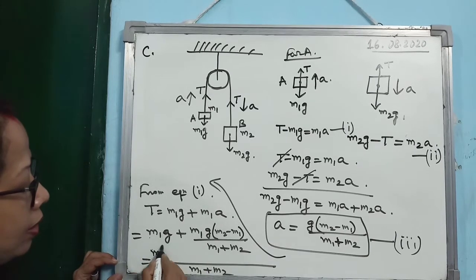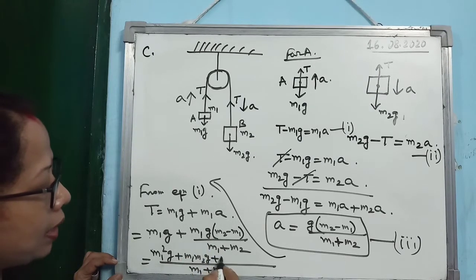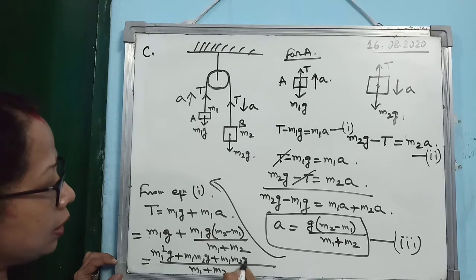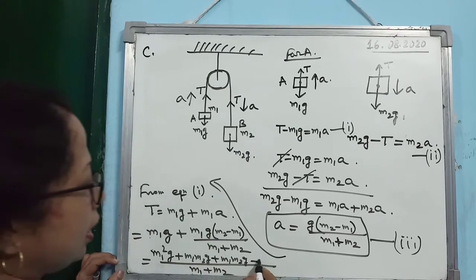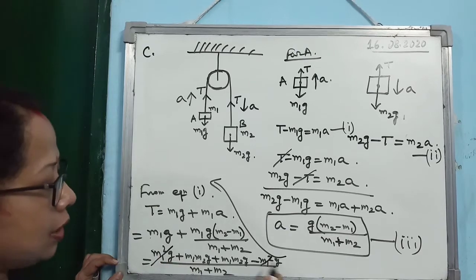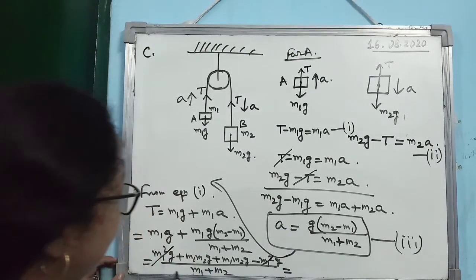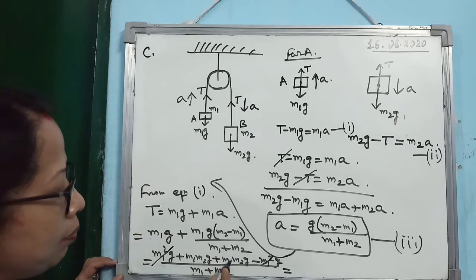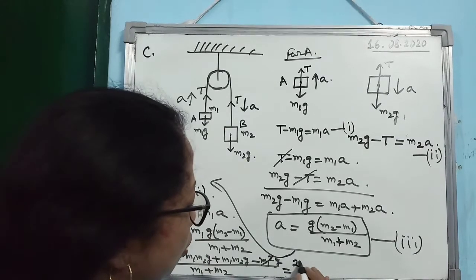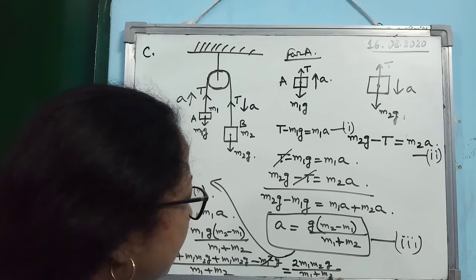M1 squared G plus M1 M2 G, and then it is coming plus M1 M2 G, then minus M1 squared G. So this M1 squared G, M1 squared G will get cancelled. So what are you getting? You are getting M1 M2 G plus M1 M2 G, means 2 M1 M2 G divided by M1 plus M2.